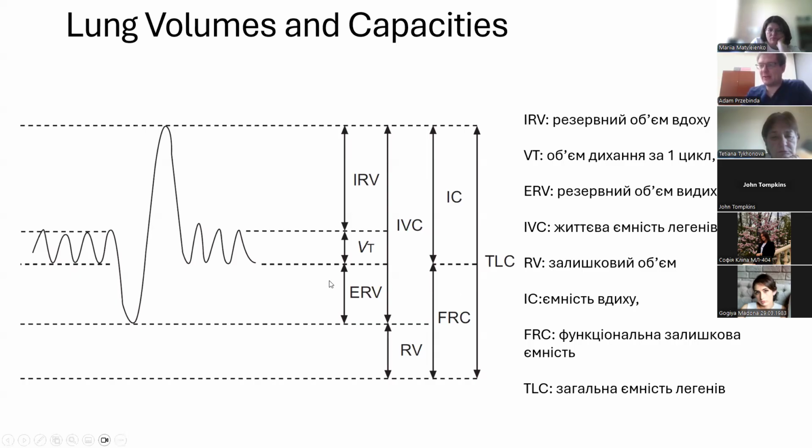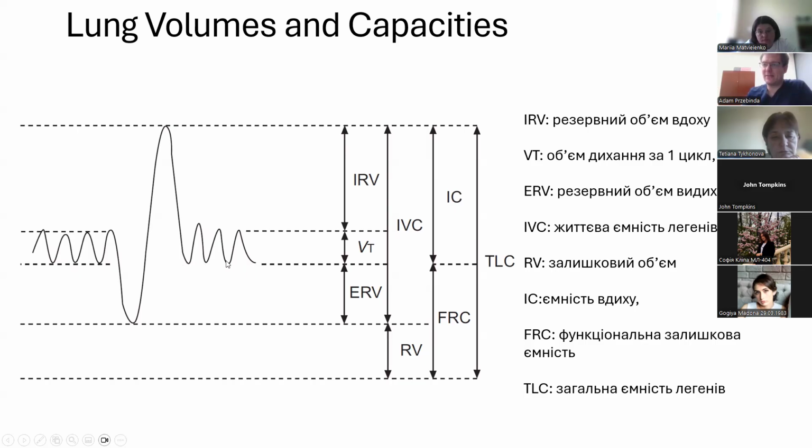You can imagine that I could say, take a breath in fully and hold it, and we're going to measure the volume here. Or I'm going to take a normal breath to here and hold it, and we're going to measure the volume there, or here, or here. It turns out that the most reliable place to reproduce the volume measurement is at this functional residual capacity.